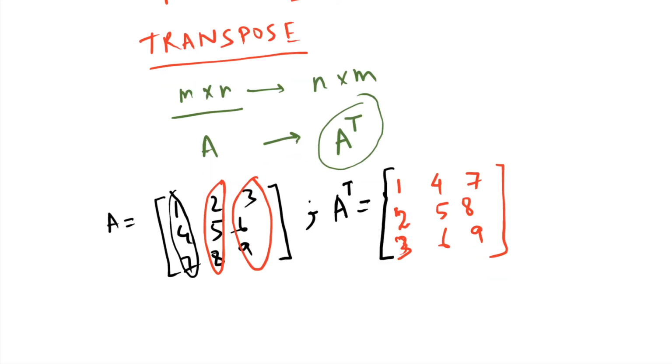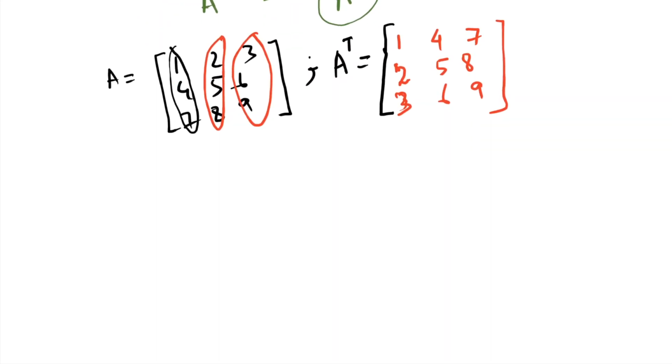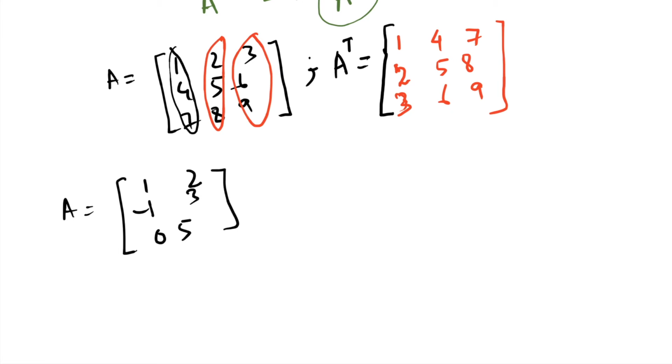Okay, so let's take another example to make things more clear. So let's say this time A is equal to 1, 2, minus 1, 3, and 0, 5. So A is a 3 by 2 matrix. Now let's try to calculate what A transpose is. What's the first column of A? It's 1, minus 1, 0.